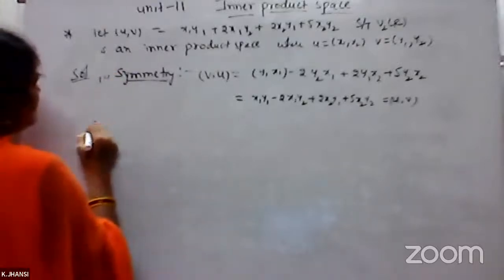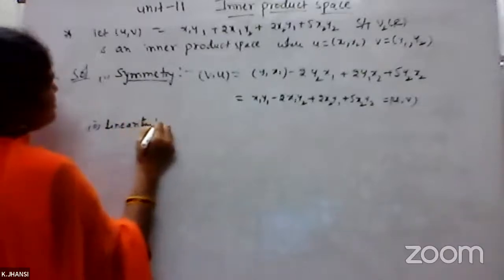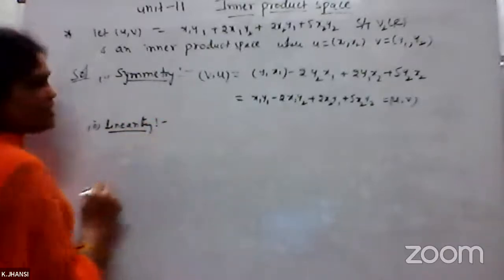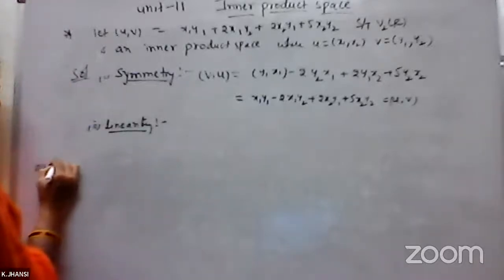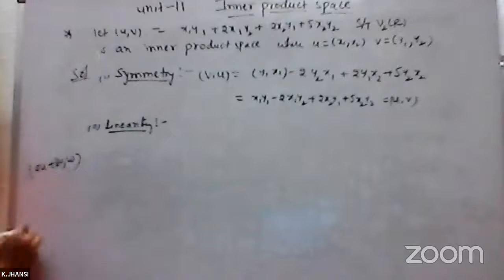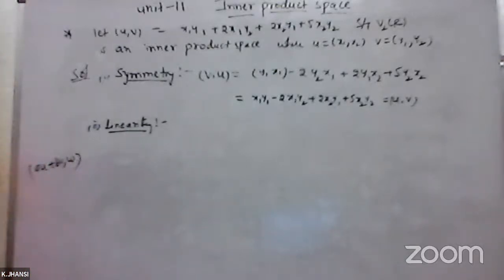we have linearity. For linearity, it is in the form of au plus bv comma w. Okay. au plus bv comma w. First we will find au plus bv.